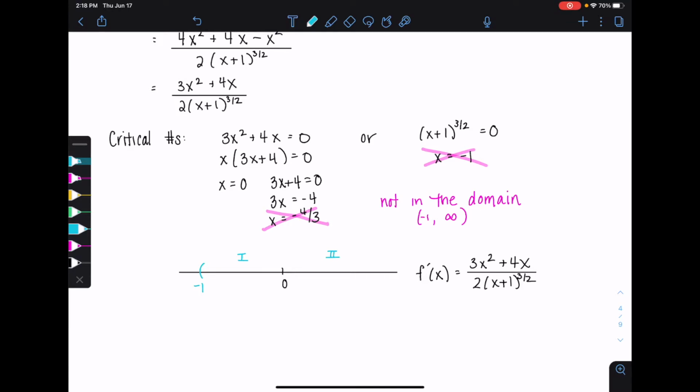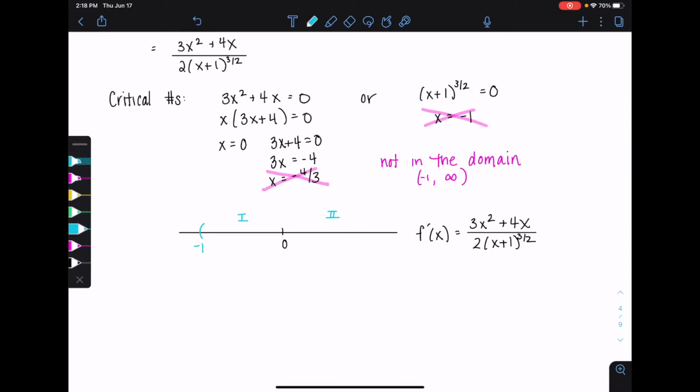Okay, so I can't plug in -2 because that's going to cause me an issue in that denominator with that radical. So I have to pick something between -1 and 1. I'll pick -1/3. Purely because when we plug this into the derivative, you can use either format, which you can factor out that x.